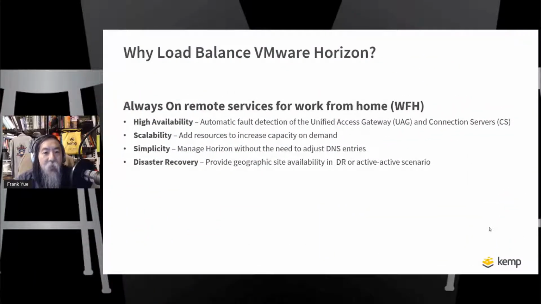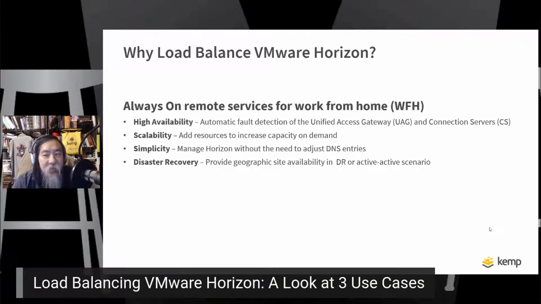And first, again, why do we load balance VMware Horizon? Again, we've talked about this: always on remote services, work from home. VMware Horizon, some of you, if you're like me, have been in the industry for a little bit. It was also called Horizon View, and is now called just Horizon. Horizon version 7 is the current version, and it's a capability to do this VDI, virtual desktop infrastructure, accessing servers and systems remotely.